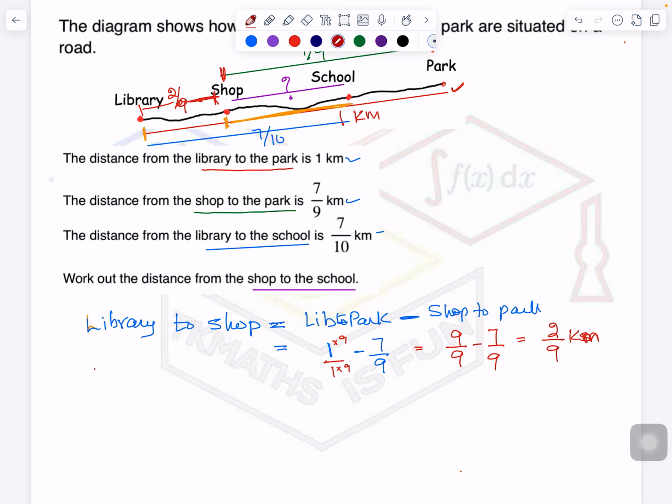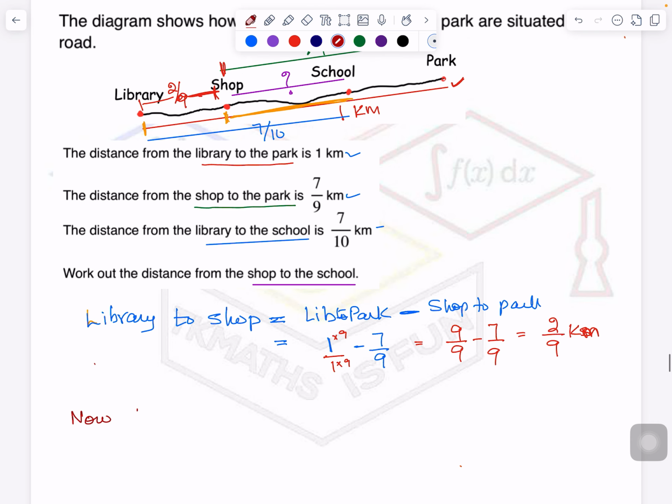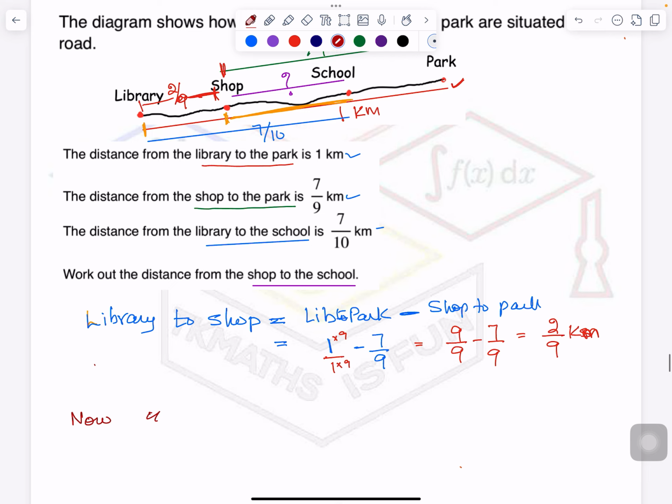Library to school, we have to calculate it. That is written already there. So now I have to calculate shop to school. That is equals to what?